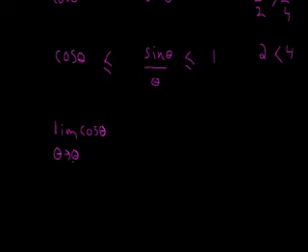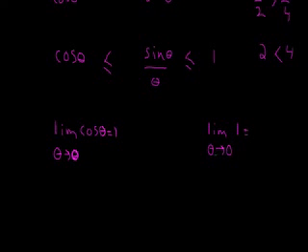What is this limit? We could just use direct substitution. If I just plug 0 into cosine, I get back 1. Now let's come over to the other function, the upper function. What's the limit as theta goes to 0 of 1?